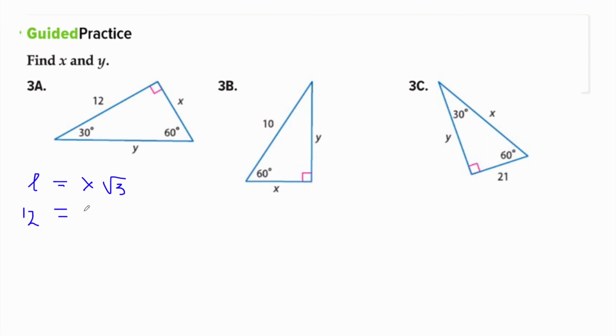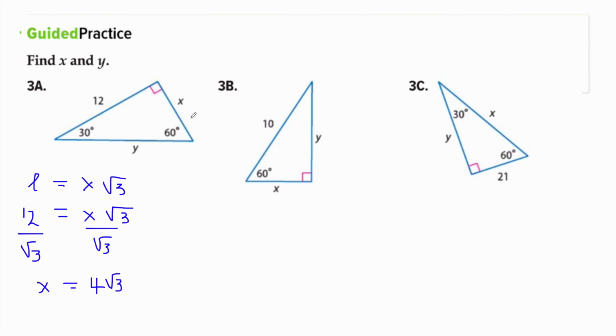Our x we don't know, and then we have root 3. We want to remove it and find x. We divide by root 3, we rationalize. Our x will be equal to 12 divided by root 3. Okay, this will give you 4 root 3.